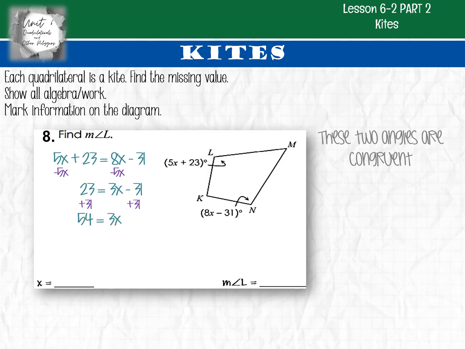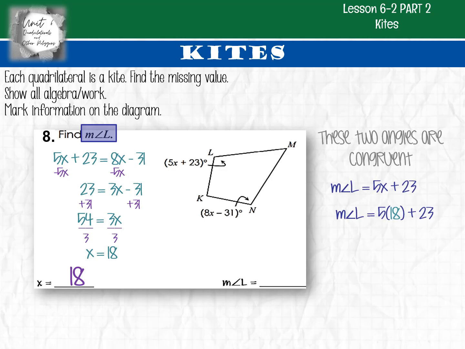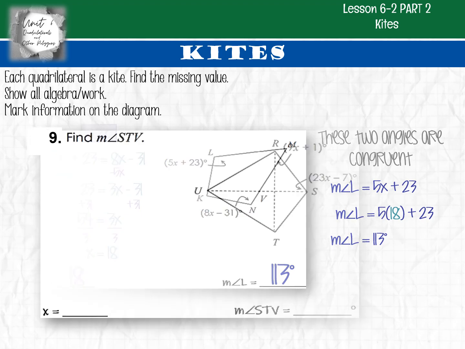We get 54 equals 3x. Divide both sides by 3. x is 18. But we want the measure of angle L. So we do have an expression for that, 5x plus 23. Plug in the value we got for x, which is 18, and we get the measure of our angle as 113 degrees.